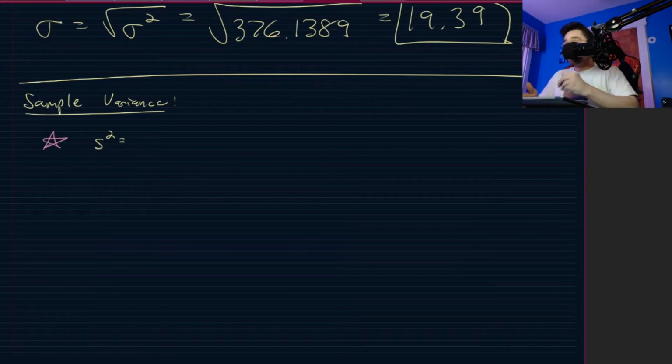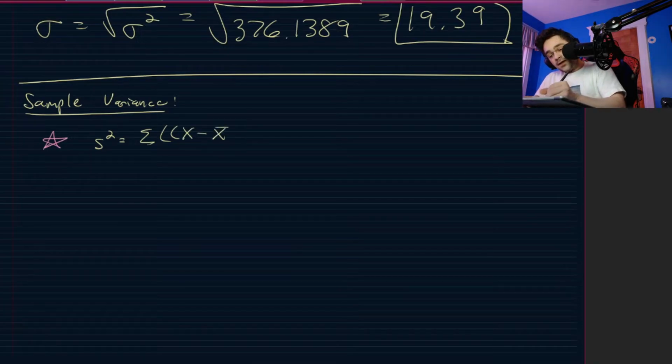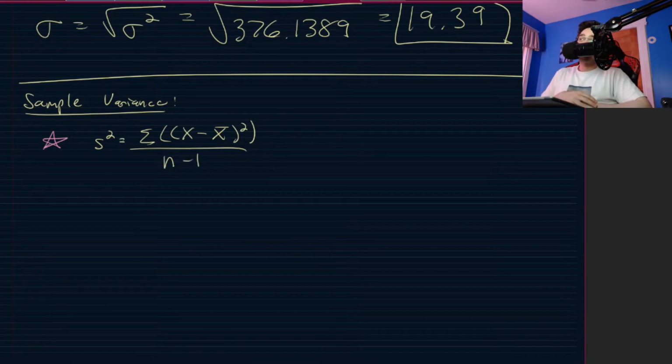Anyway, the formula is the sum of all the data values minus the average, squared, over n minus 1. So the difference between population and sample, number one, this is x bar instead of mu. But remember, they represent the exact same thing, the mean.